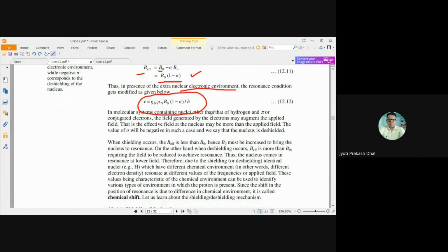Putting B naught into 1 minus sigma in place of B naught, we can write nu equals Gn mu n B naught into 1 minus sigma divided by h.